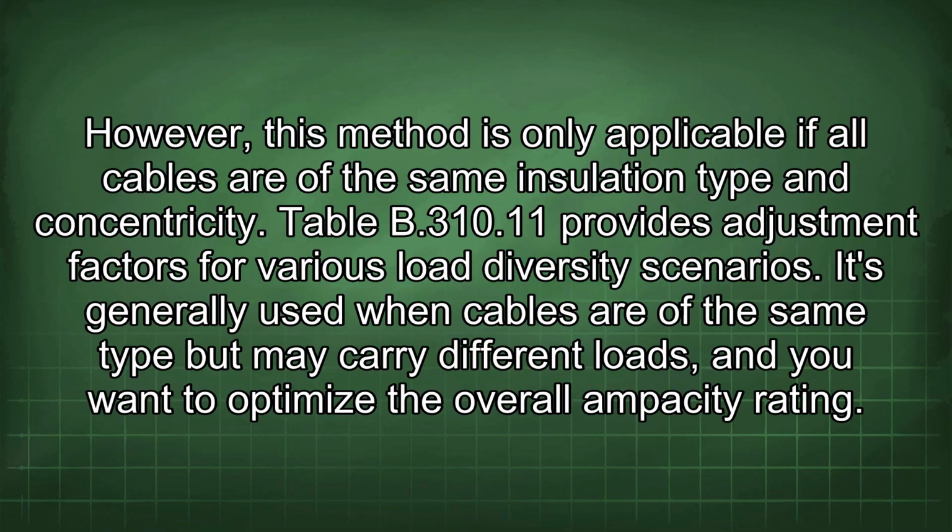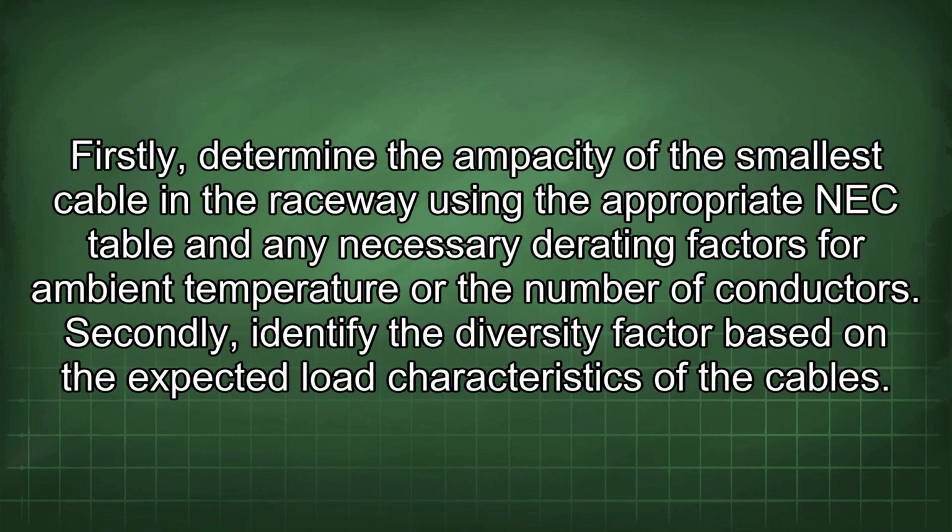the overall ampacity rating. Firstly, determine the ampacity of the smallest cable in the raceway using the appropriate NEC table and any necessary derating factors for ambient temperature or the number of conductors. Secondly, identify the diversity factor based on the expected load characteristics of the cables.